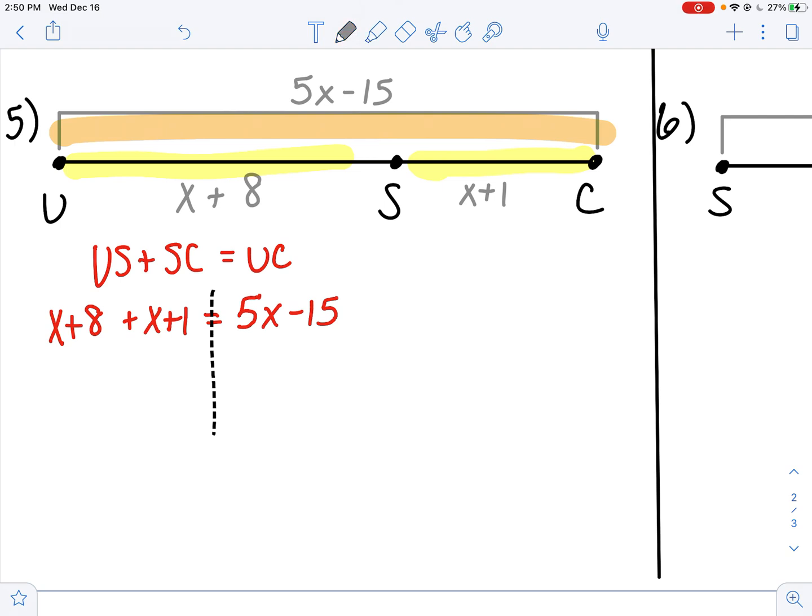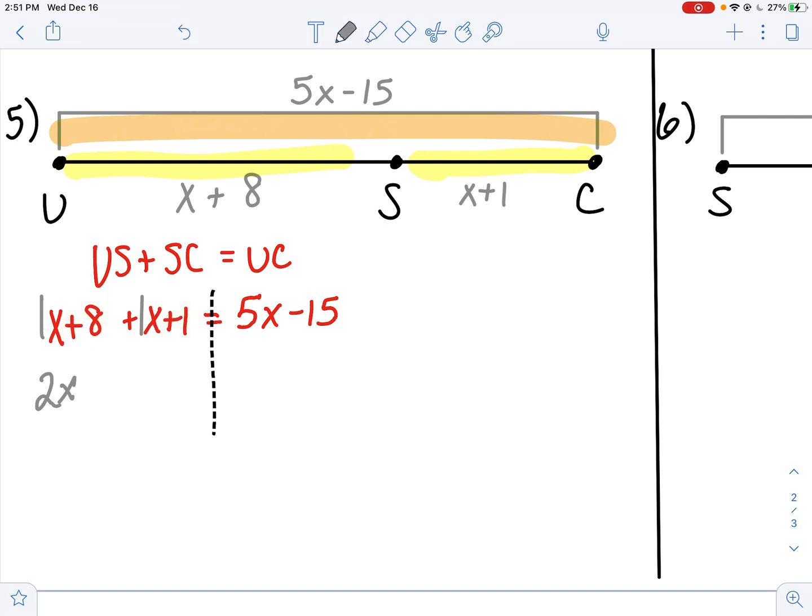We can combine them, and I have a positive 1x and a positive 1x. That's one set of like terms. So those combine, 1x plus 1x gets me 2x. And I also have a positive 8 and a positive 1.